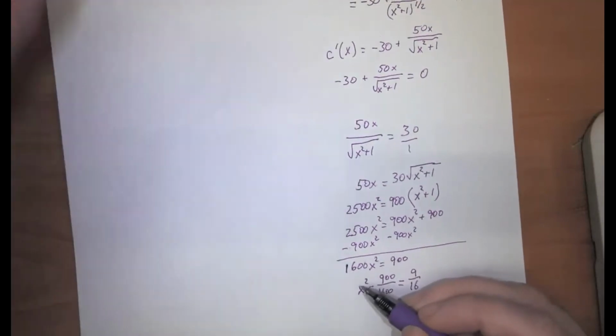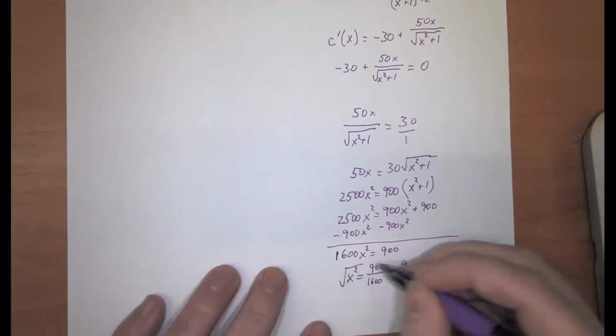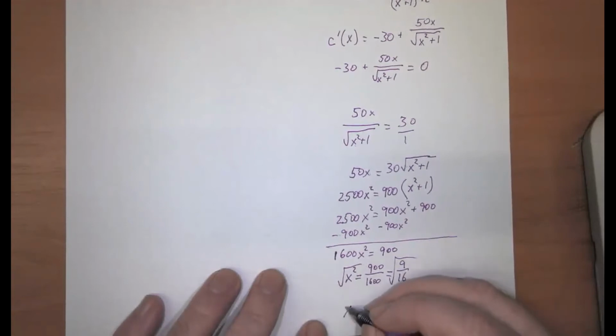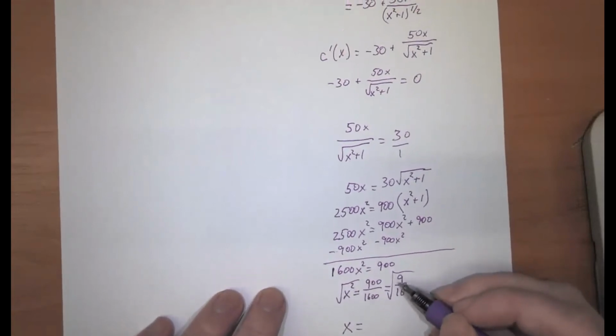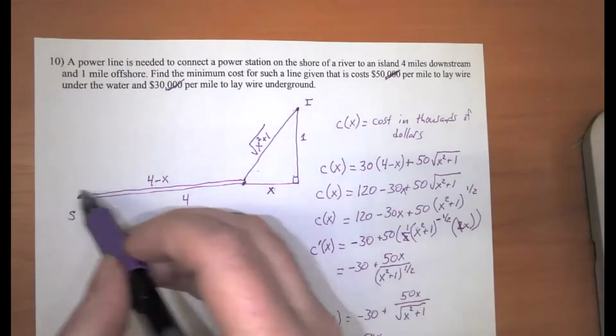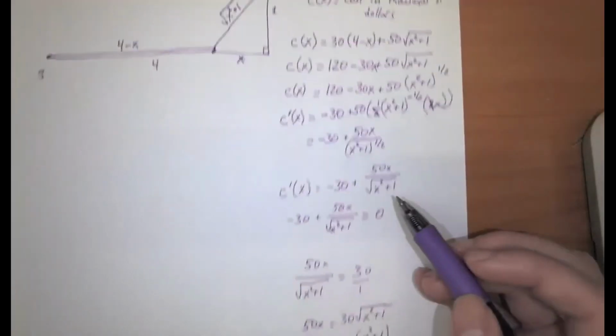But we want to figure out what x is. So to figure out what x is, we'll take the positive square root of both sides of this equation, and we get that x is equal to, it doesn't make sense to talk about a negative value because a negative value of x would say, I want to run the wire over here before going over, and that doesn't make any sense at all.